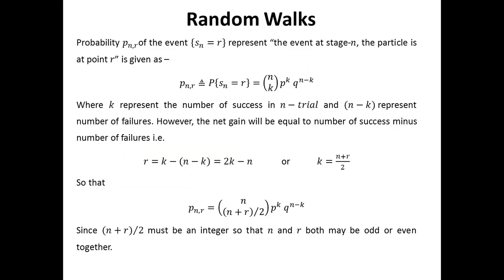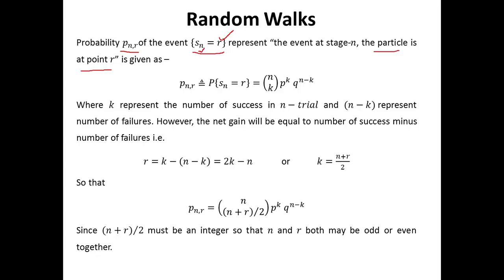So let us consider first how we actually model a random walk, and then we try to calculate these three cases. Since we have already discussed that a random walk is nothing but a Bernoulli trial, or it can be modeled by using a Bernoulli trial, let us say we represent the probability P_n,r, which is the probability of the event S_n equals r, and it represents the probability that the particle is at point r after the nth trial.